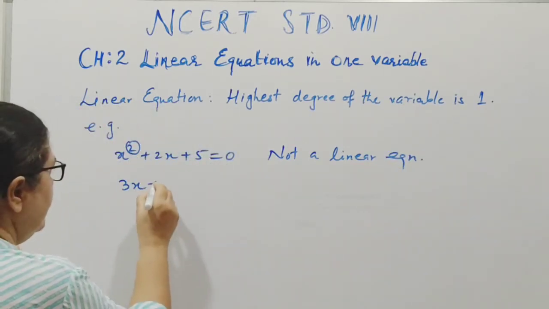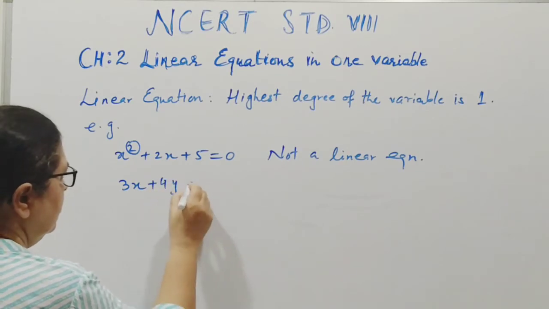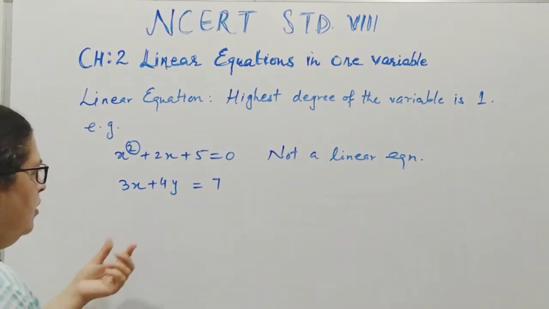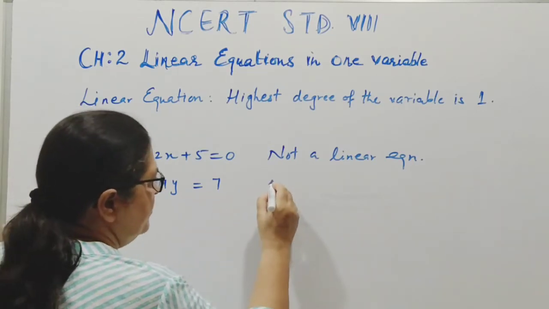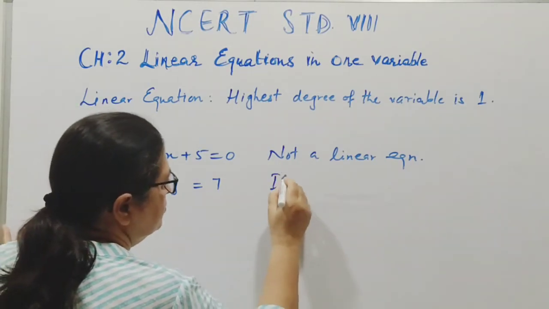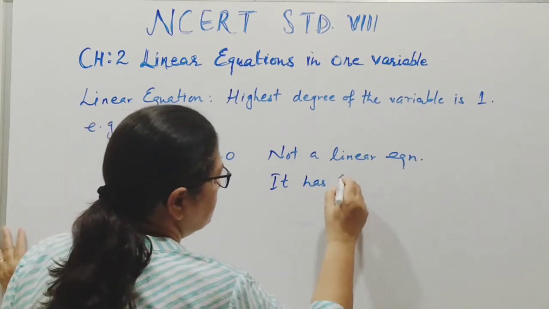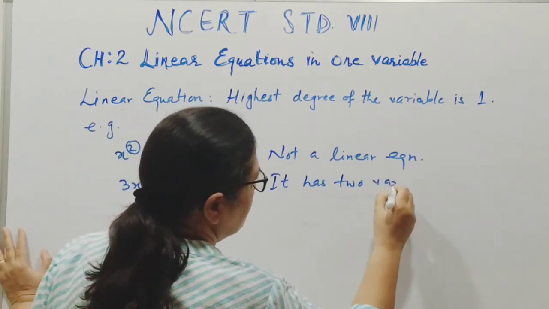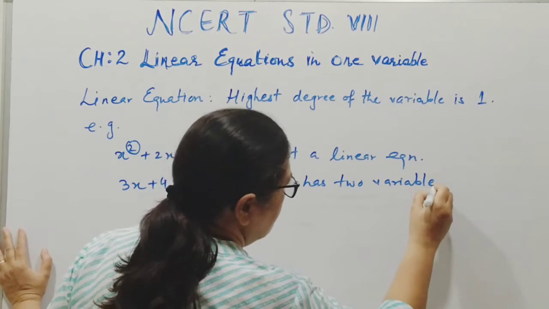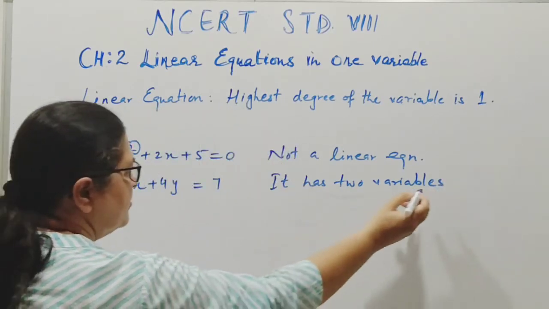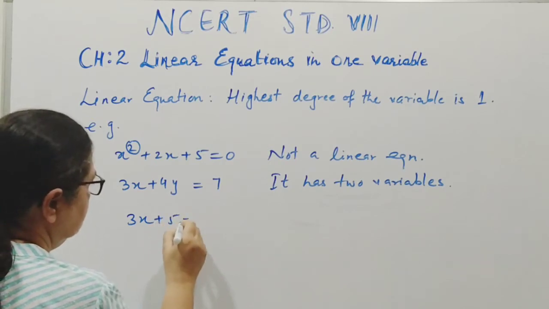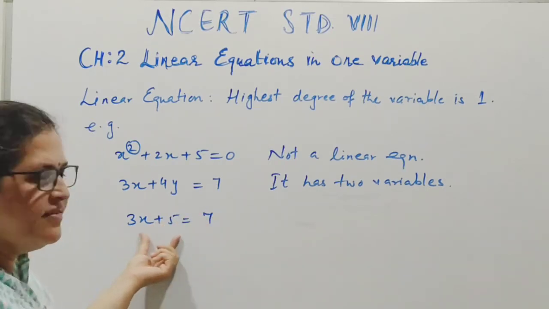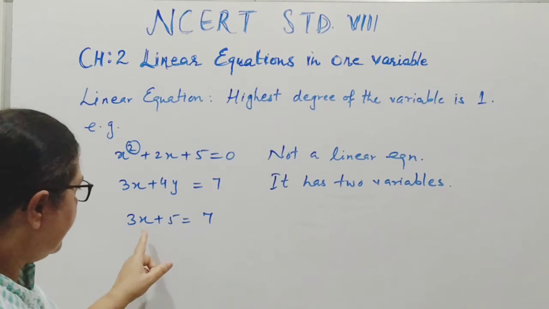One more example. It is an equation, but it has two variables. Now, one more example. This is a linear equation.